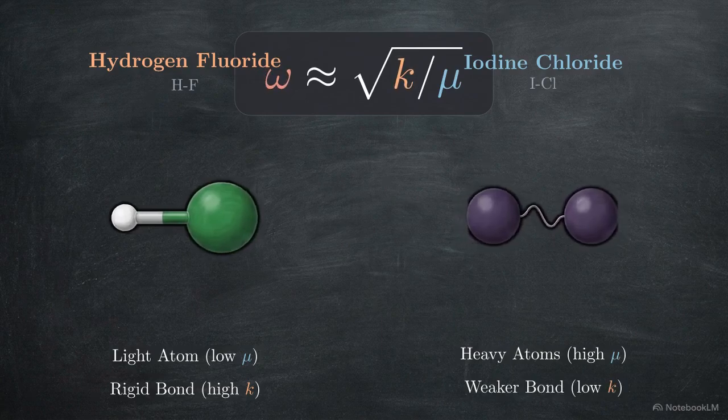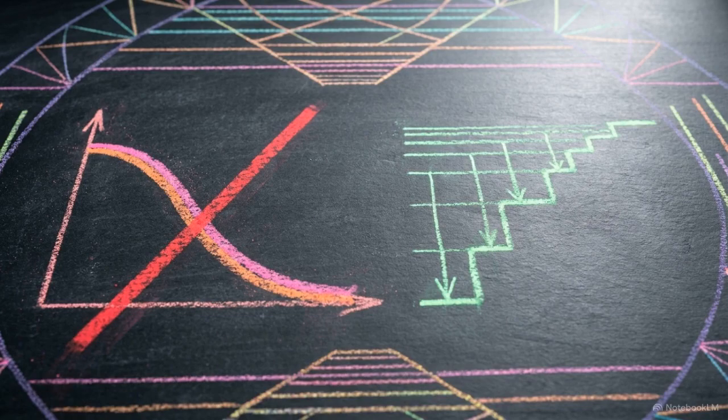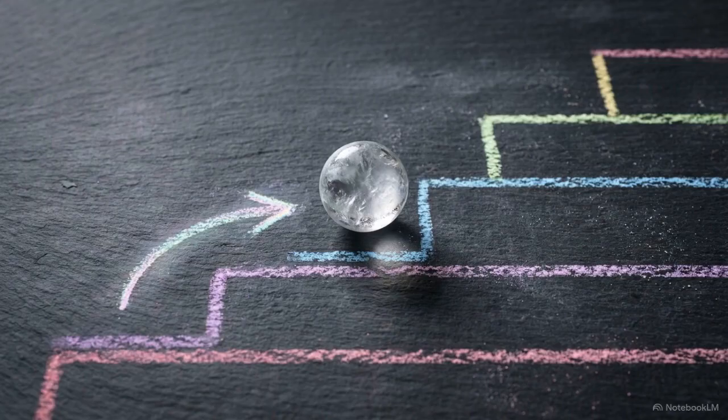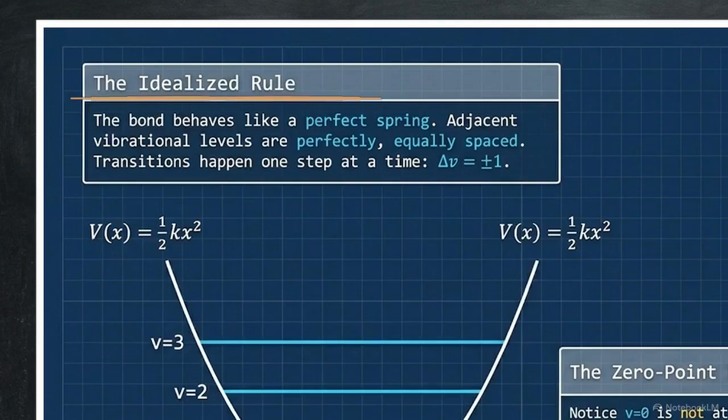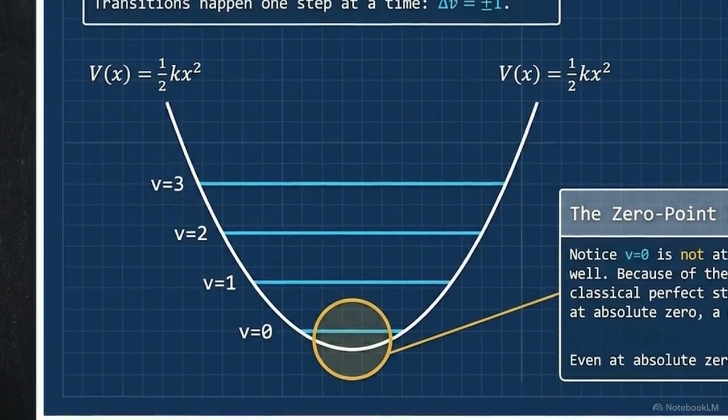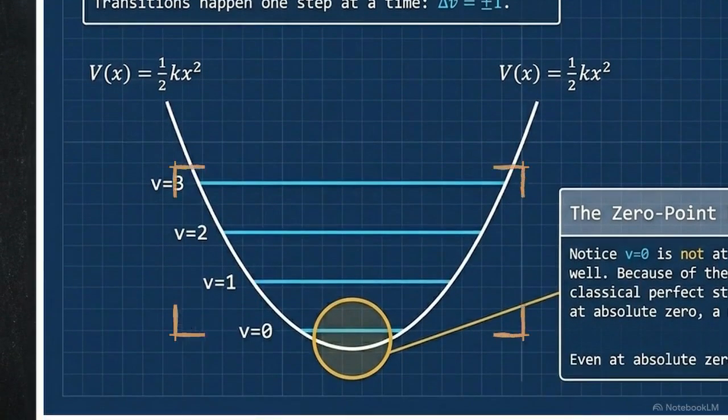Because this is a quantum system, the energy of this vibration cannot increase in a continuous sweep. The molecule can only absorb or release energy in strict quantized steps. This chart shows the idealized rule of the quantum harmonic oscillator. Inside this symmetrical parabolic potential well, the allowed vibrational energy levels, from V equals 0 up to V equals 3, are perfectly and equally spaced.